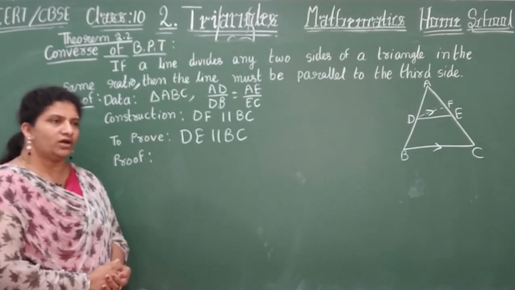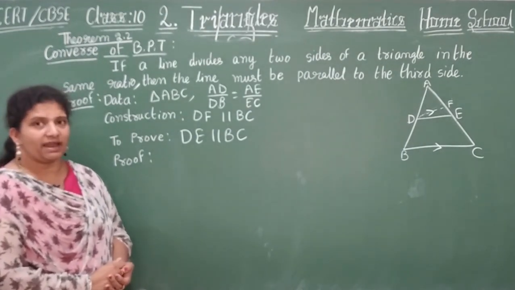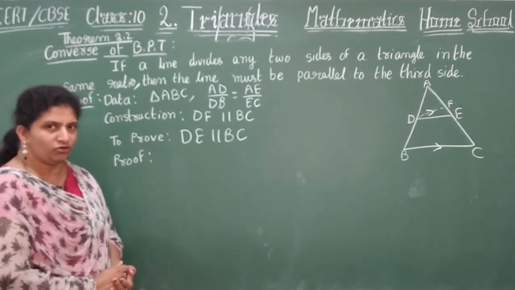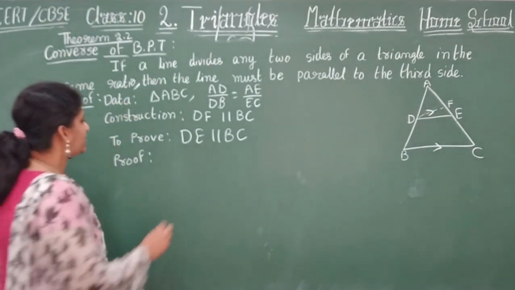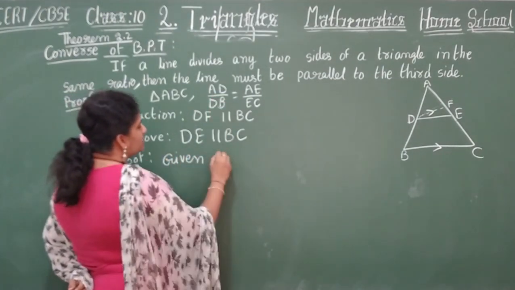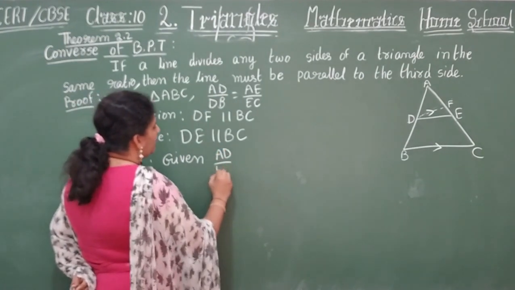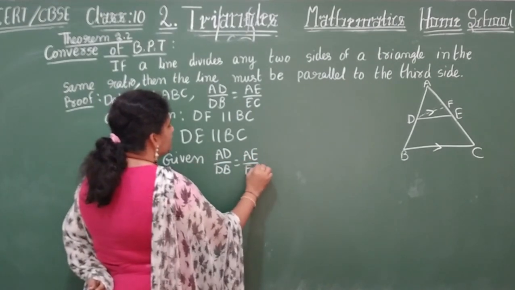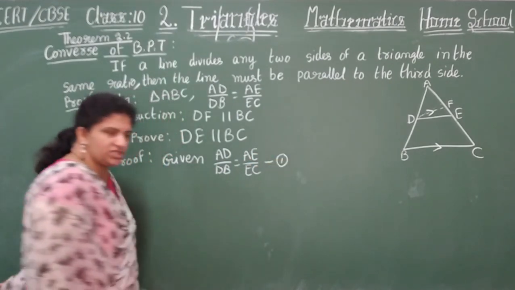What do we know here? If a line is parallel, then the other ratios are in proportion, right? We know that, no? So first, what is given, children? AD by DB is equal to AE by EC. Let's mark it as first equation.